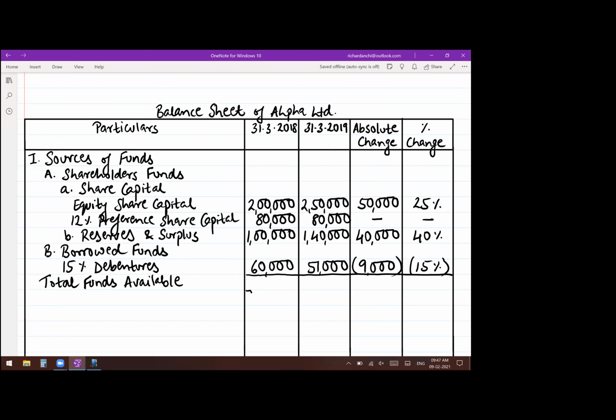Take the total. 283.80. Is it 4,40,000? Please check.